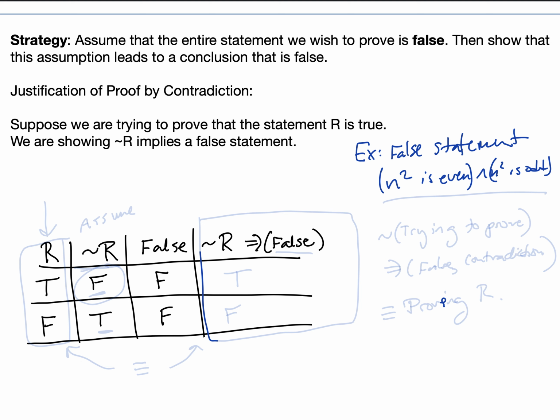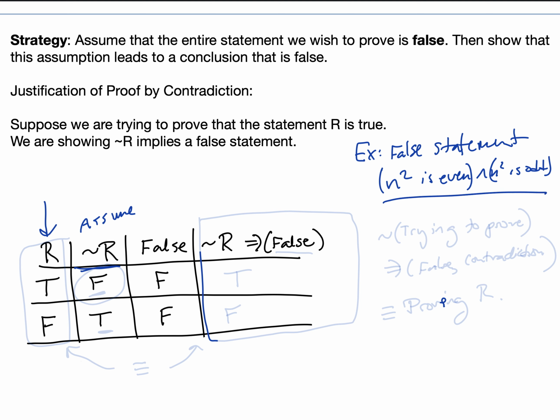So let's think about the truth table in general for what we're doing. We are trying to prove R. Here's the truth table for R and for not R, which we are assuming. Then we want to look at the column for what it means for the negation of R to imply something that is always false.